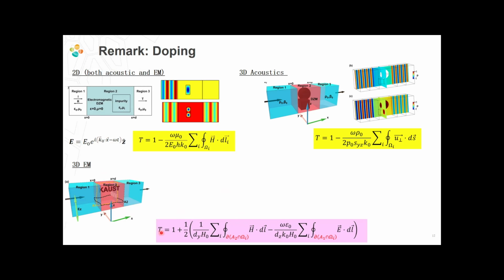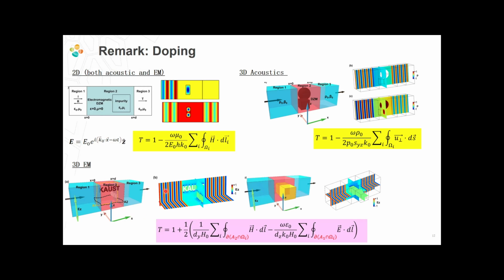That doesn't depend on the geometry or the material of your impurity, as long as your impurity is not connecting the top and bottom surface or the front and back surface. So here you can see we put very strange impurities and the transmission is always 1. And here, even this impurity is penetrating the front surface, but it's not connecting to the back, so the transmission is also unity.